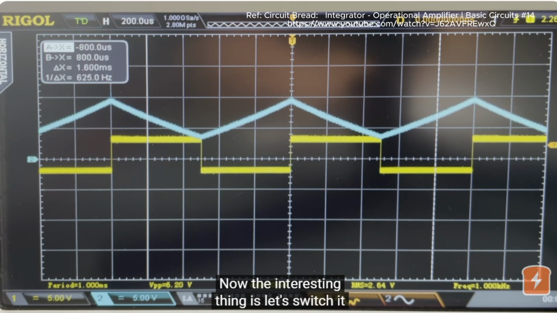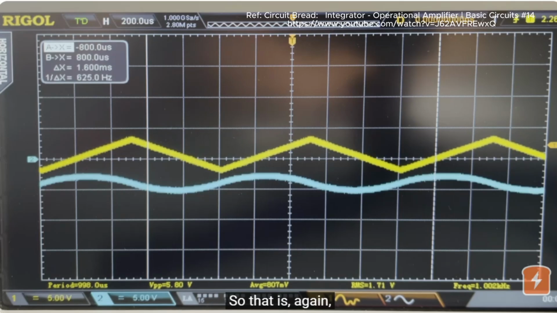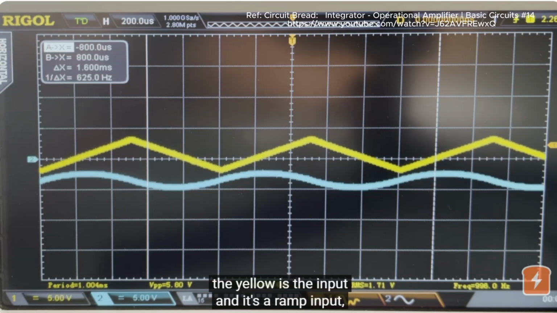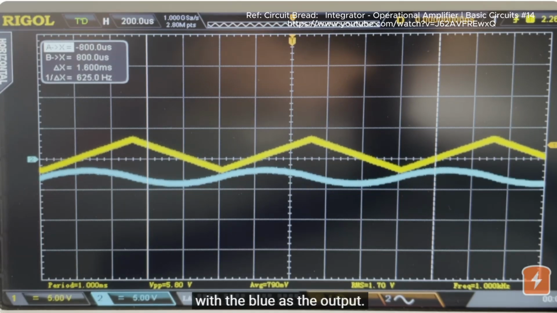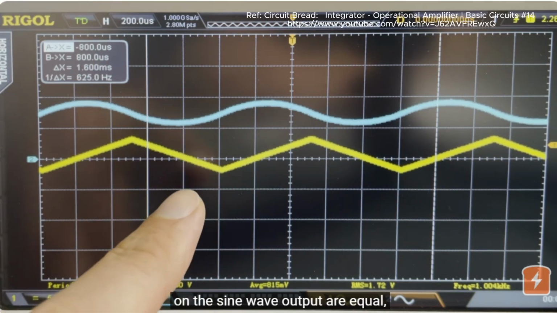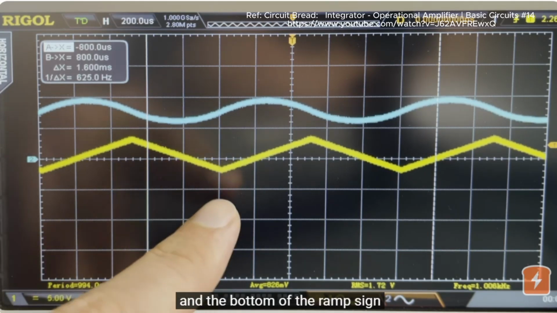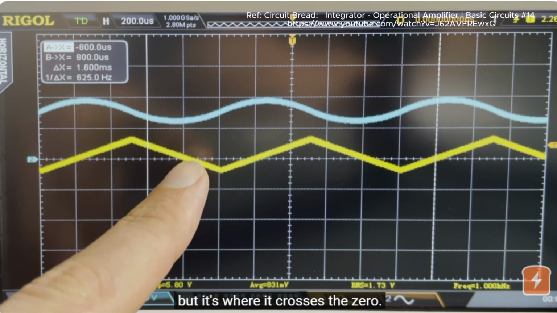Now the interesting thing is, let's switch it and have a ramp input. Again, the yellow is the input, and it's a ramp input with the blue as the output. You can see that the inflection points on the sine wave output are equal, not necessarily to the top and the bottom of the ramp, but to where it crosses the zero.